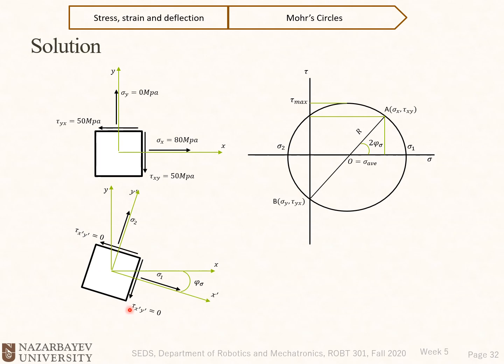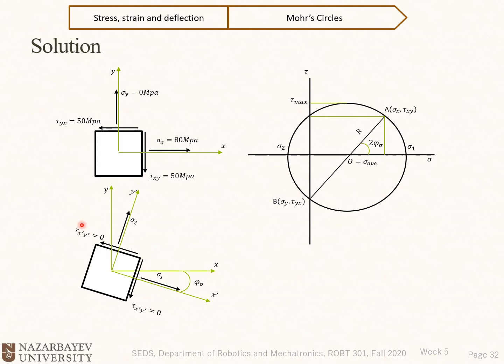How much is the value of shear stress now in this new element? Tau x prime y prime is equal to 0, because at the points sigma 1 and sigma 2 we don't have any shear stress, since we are exactly on the sigma axis, or the horizontal axis. So tau x prime y prime is 0, and tau y prime x prime is also 0.